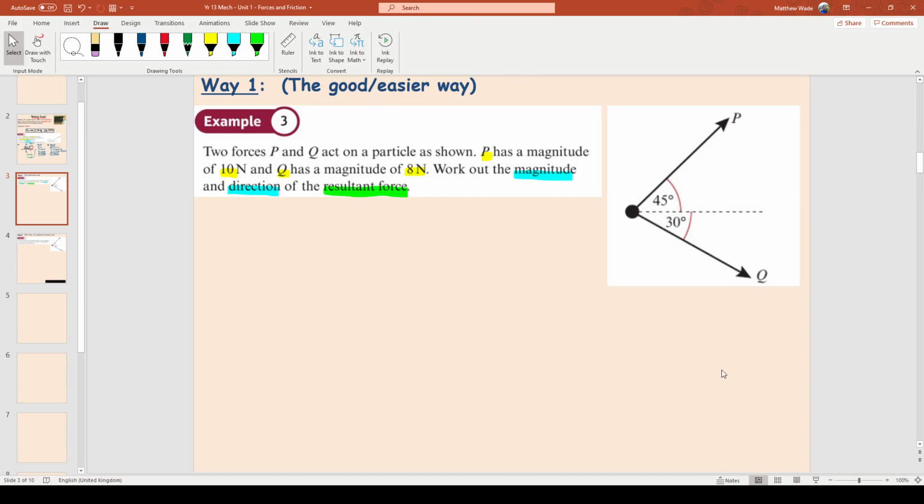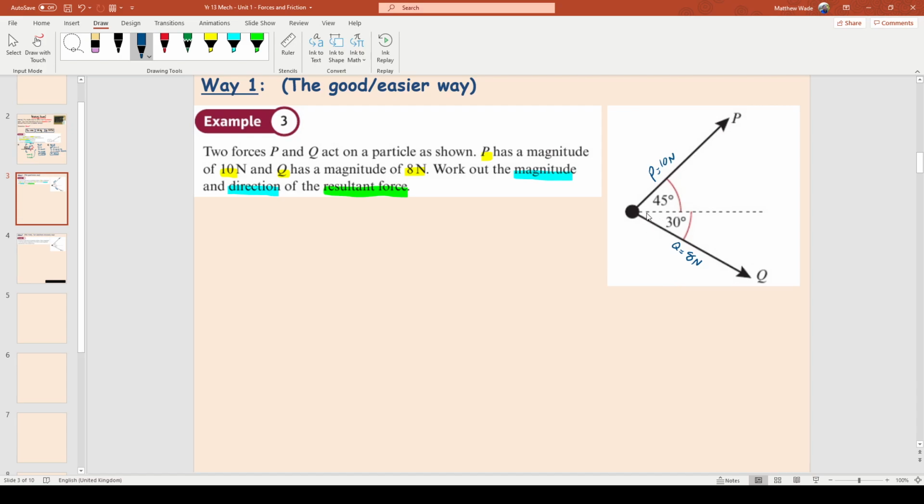And here we go. From this picture, which I've grouped to that, so I also can't do that, here's what you're going to do. We're going to break it into components, okay? It did say that P was 10, so I'm going to put P equals 10 newtons on that, and it said that Q was 8, so Q equals 8 newtons. I'll only ever put the units there as well. I'll never put them in my calculation. And here's what we're going to do.